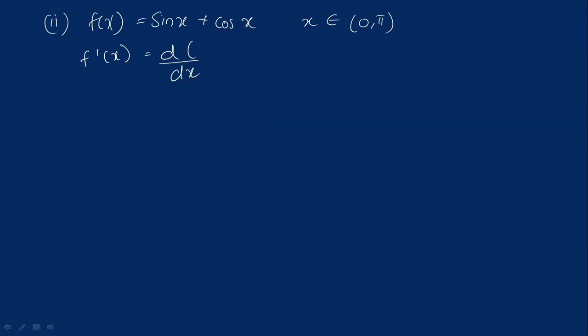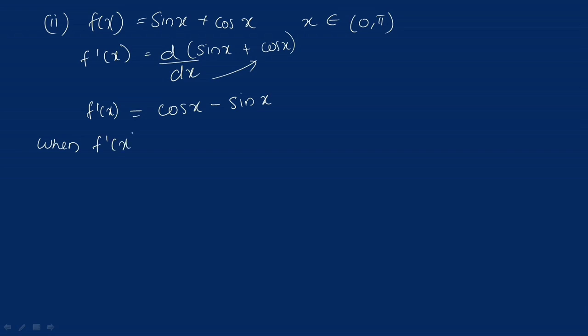Second question, f(x) = sin x + cos x, where x belongs to the interval 0 to π. So f'(x) = d/dx of (sin x + cos x), that is d/dx of sin x, that is cos x, and d/dx of cos x, that is -sin x. So f'(x) is cos x - sin x.